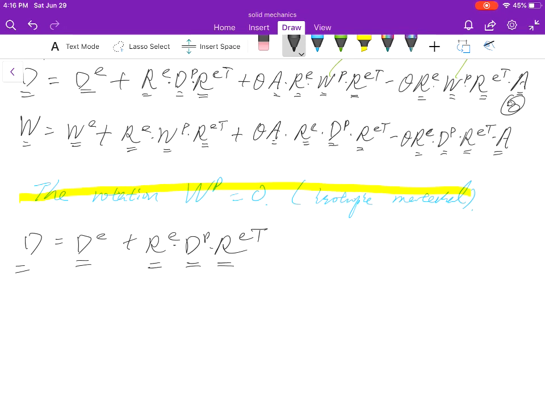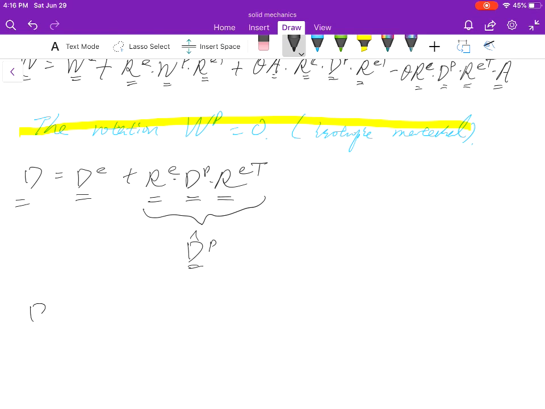And this is about the end of our derivation. Here we name this as Dp hat. So we can write this additive decomposition. This is the additive decomposition we are looking for, this one.